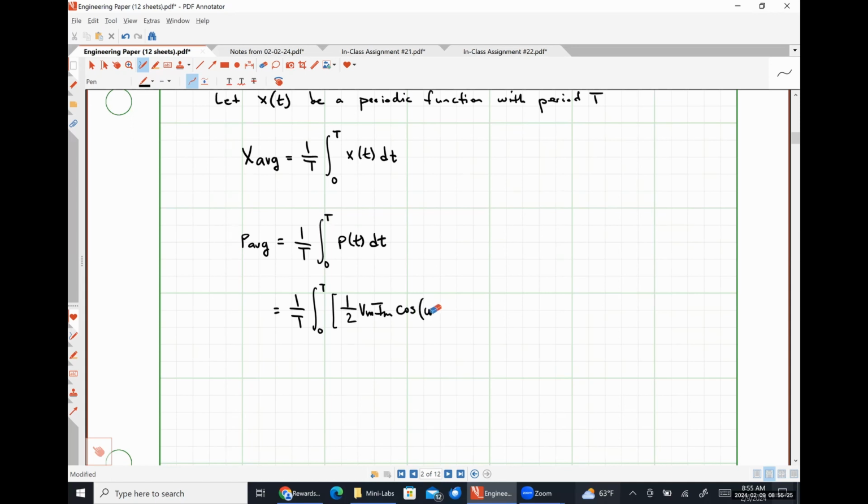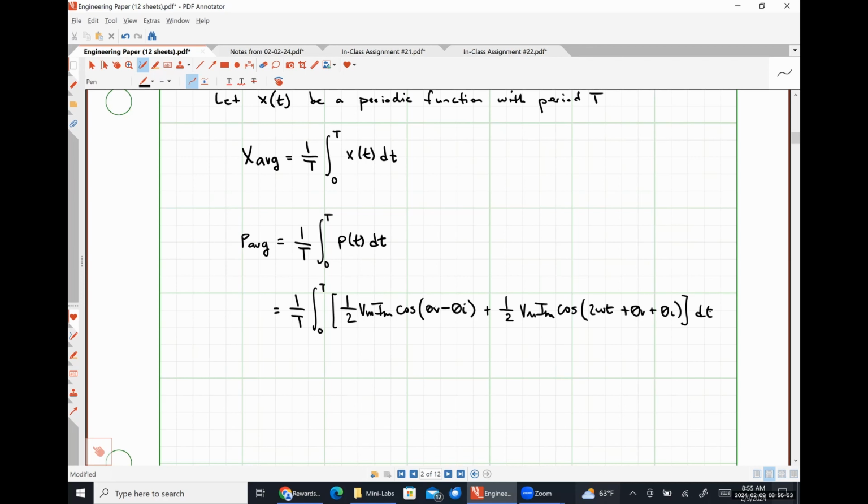Sorry, I have omega there that I shouldn't. So cosine of theta v minus theta I plus 1/2 Vm Im cosine of twice omega t plus theta v plus theta I, close my bracket, dt.